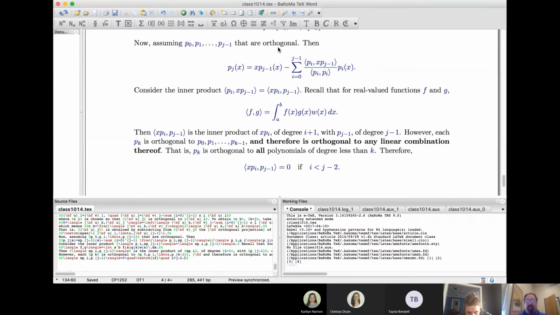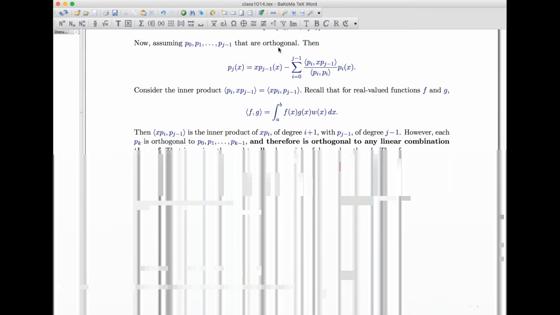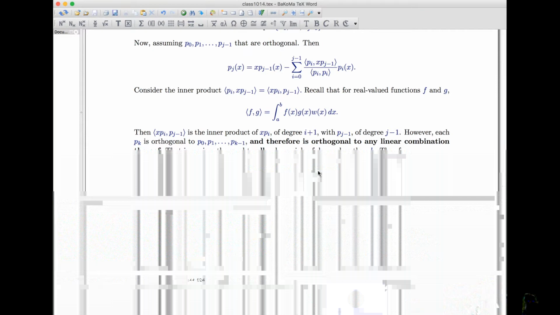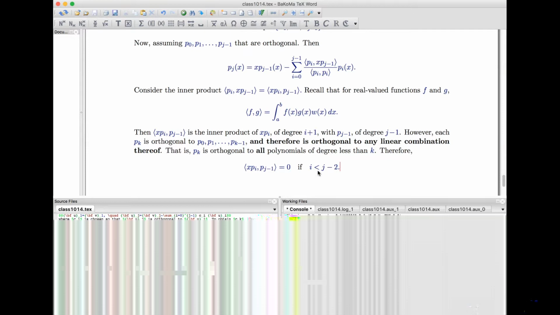Almost. Oh, so it's j minus 1 and j minus 2 because it's not less than or equal. Yes. So 2. All right, very good. Yeah, so each new polynomial, Pj, depends only on the previous two.